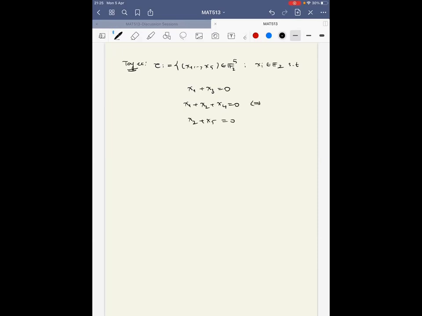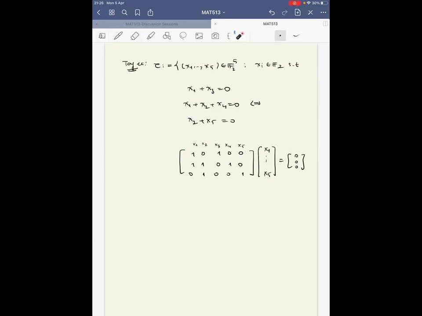Equivalently, in linear algebra, if we write the coefficients of the variables from x1 to x5 in a matrix, a linear code can be defined as the solution of this equation system.